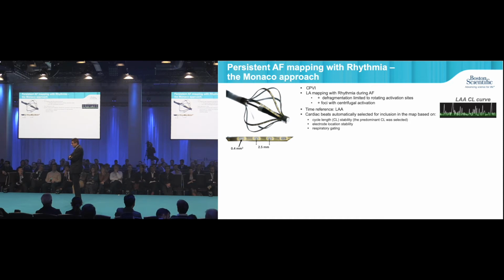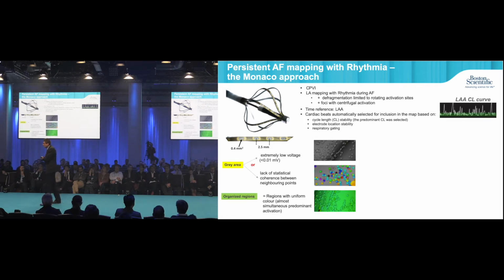We are selecting on that cycle length curve, which shows AF, irregular cycle length, the predominant one, and after that mapping, defragmenting, limiting our ablation only to rotating activation sites and to foci with centrifugal activation.